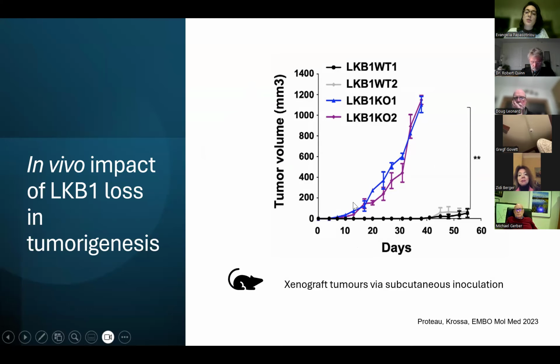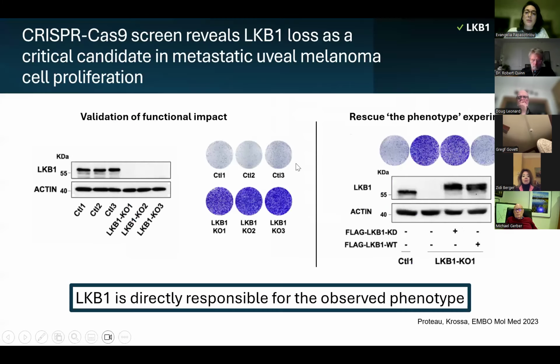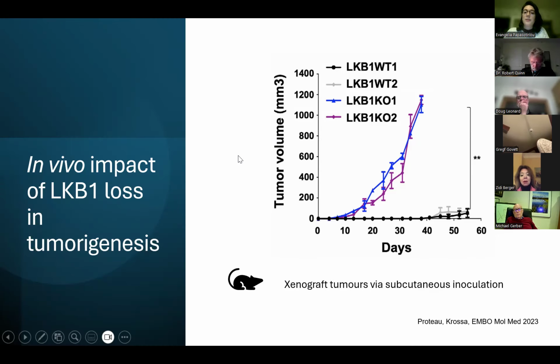And indeed, if you see the two conditions, the LKB1 knockout, meaning LKB1 deficient tumors, tend to grow way more compared to the wild type ones. That means that the fact that we have seen in the proliferation assay is similar to the one that we see in a real life organism such as the mouse.